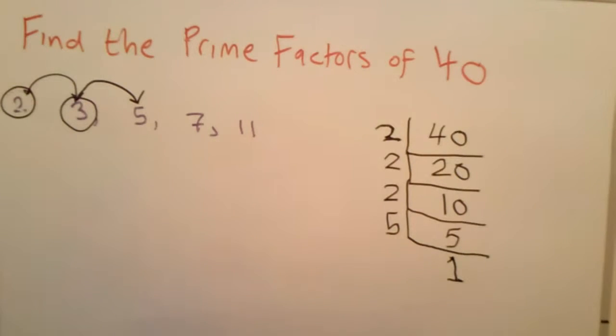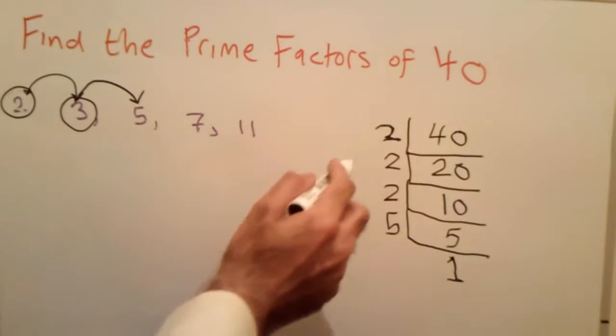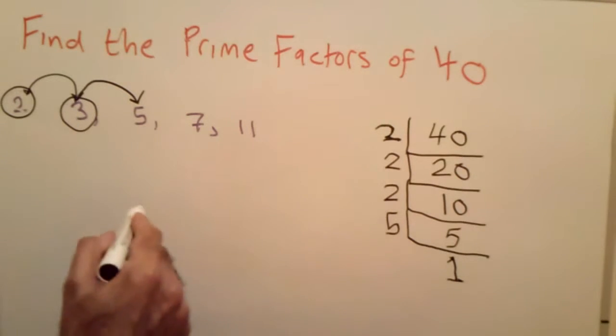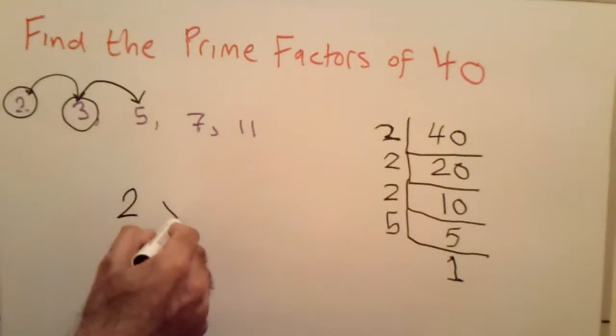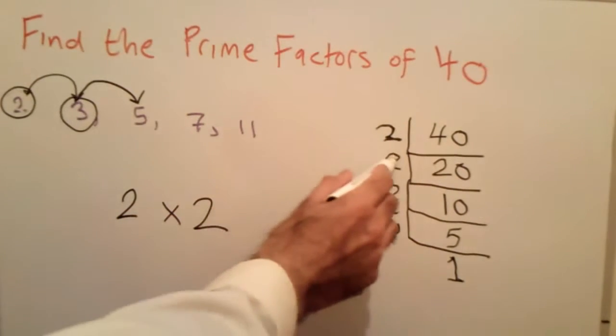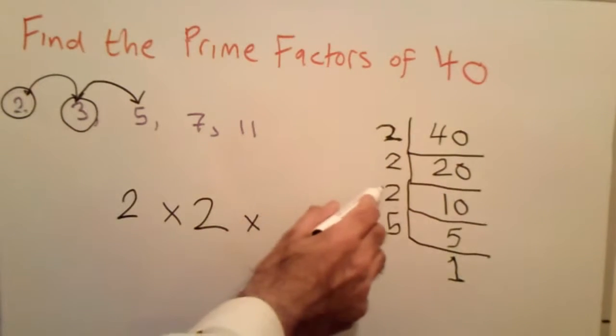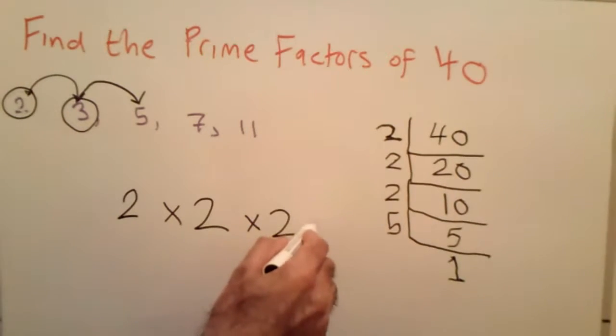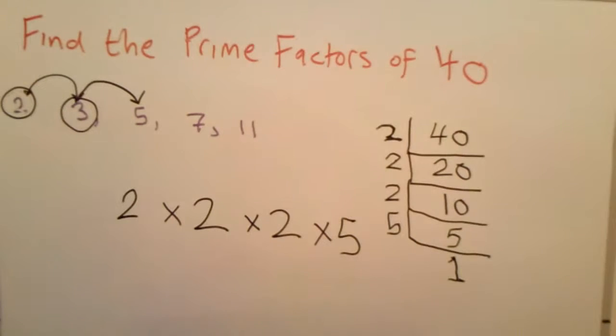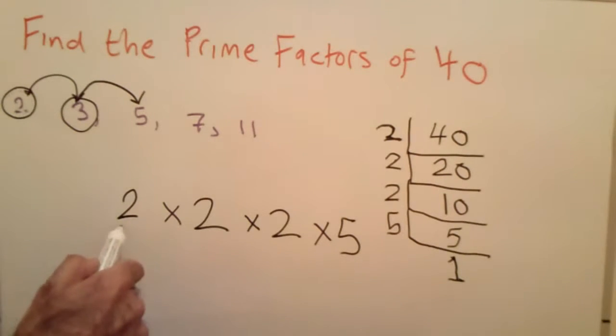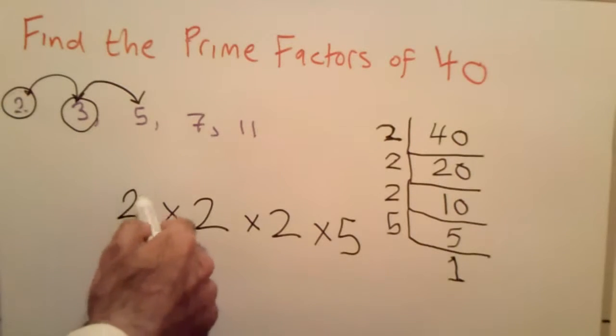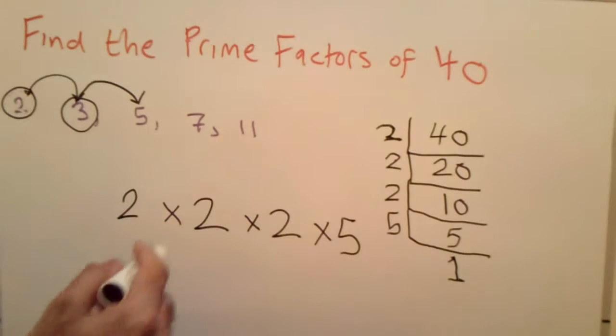And so we can just write down the prime factors of 40, reading off our list here. So it's 2 times 2 times 2 times 5. We can actually rewrite all the numbers that are the same being multiplied as powers.